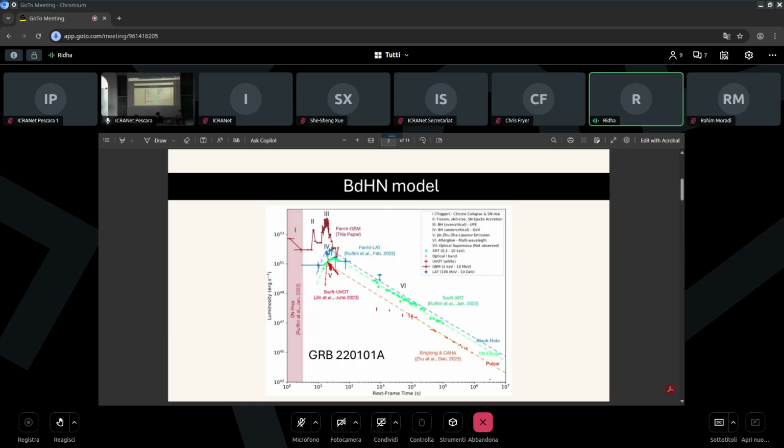And then later there is the formation of the black hole that produces the ultra relativistic prompt emission. So after this, the black hole undergoes a spin down, which we observe in GeV. So I'm using this spin down data to estimate the mass of the black hole in this model.